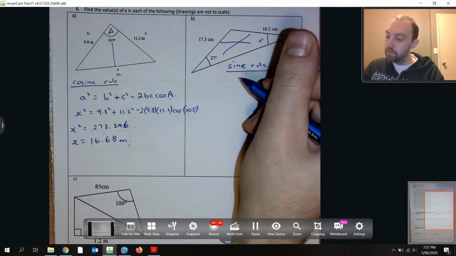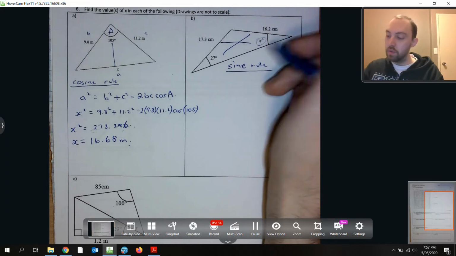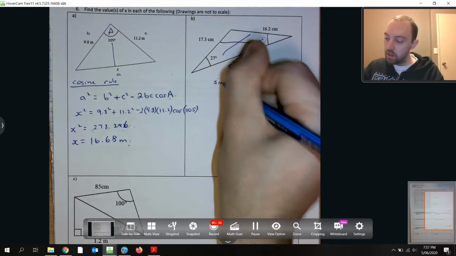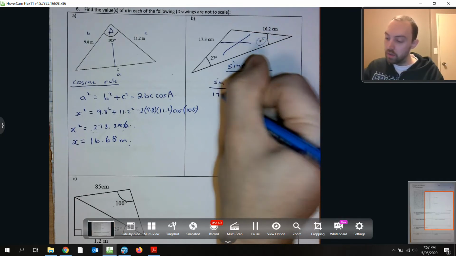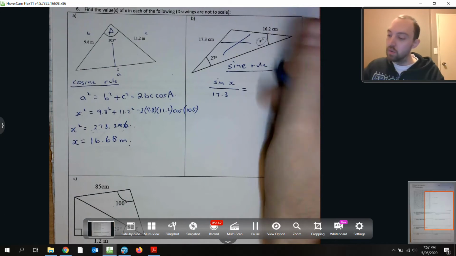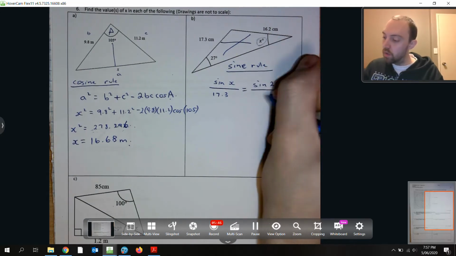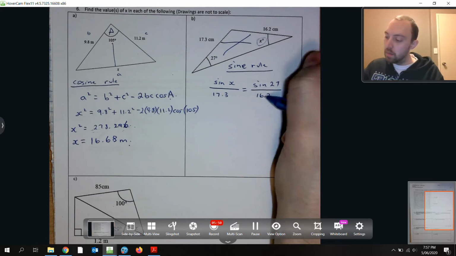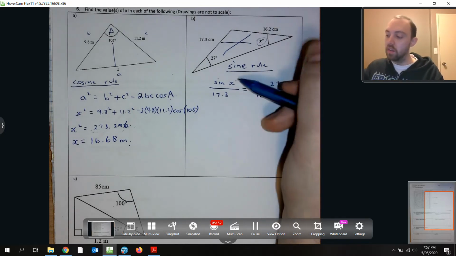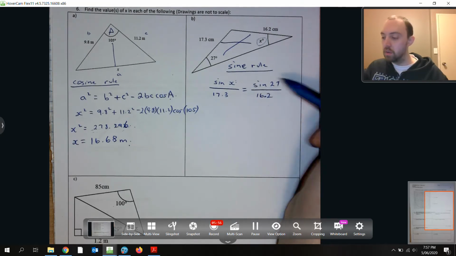Now the thing that we're trying to find is the angle, so we want to have sines up top. Sine of x over 17.3 is equal to sine of 27 over 16.2. Got to be consistent about where your sines are. Sine can't be on the top on one side and bottom on the other when you first write it out and you're substituting.